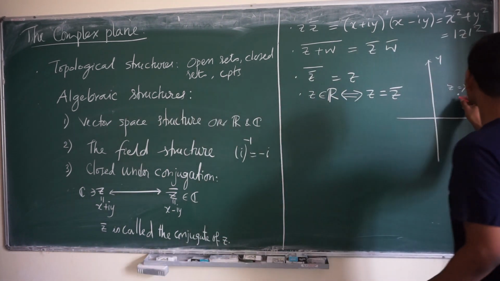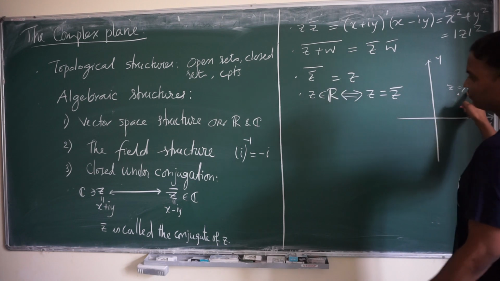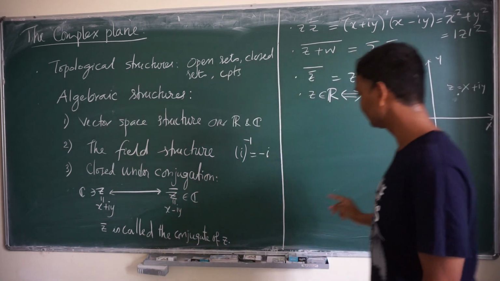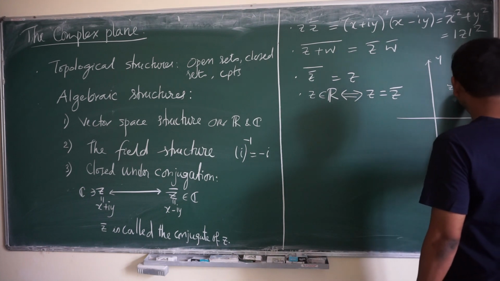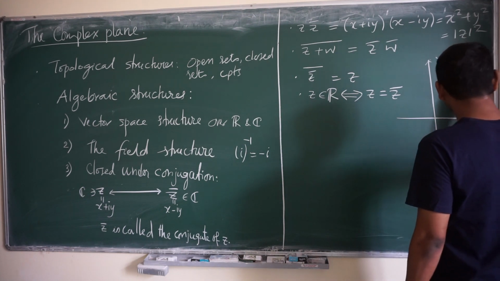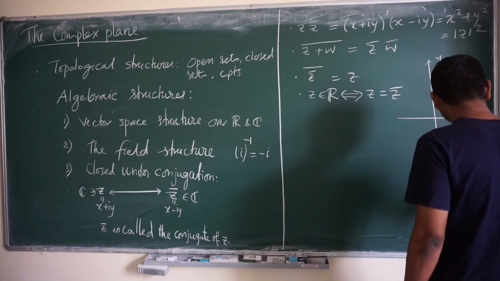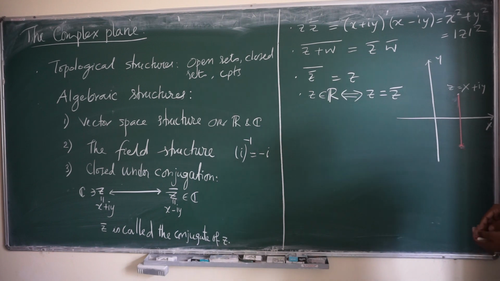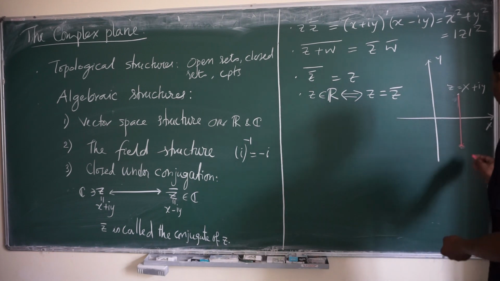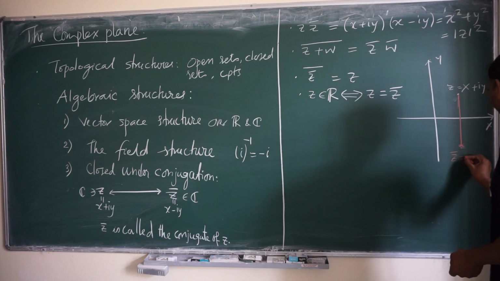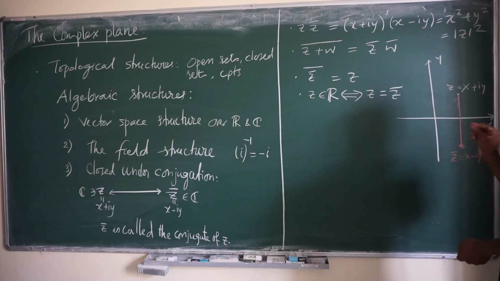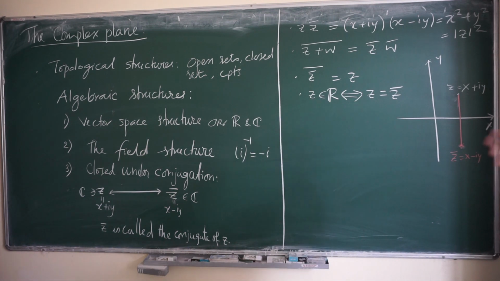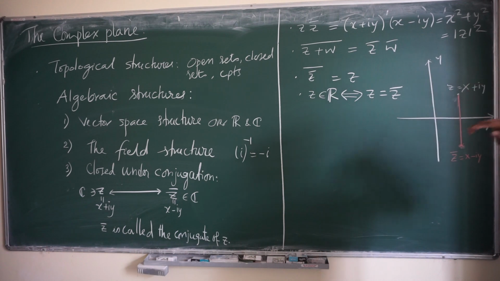Corresponding to this, you keep x fixed and y changes to minus y. So you are reflecting along the real axis. This is the point z bar, x minus iy. So conjugation is nothing but the reflection along the x-axis.